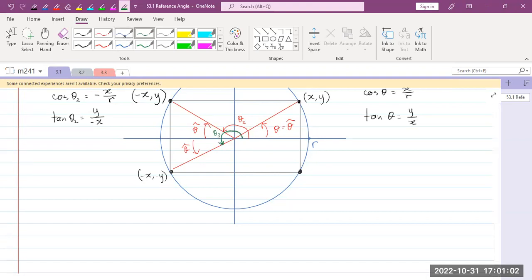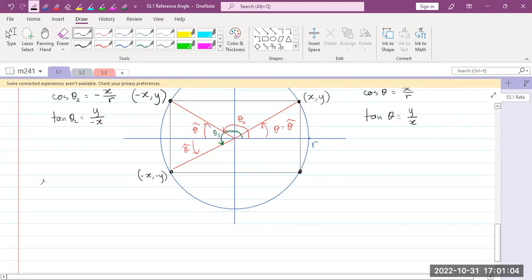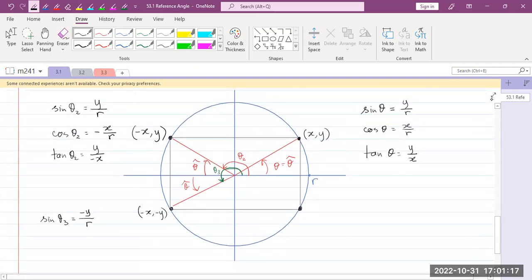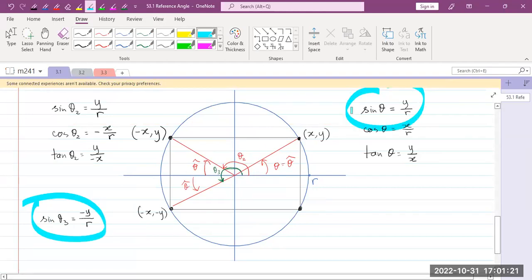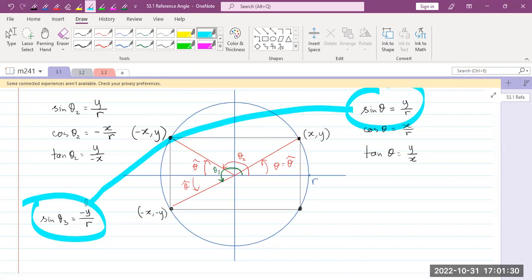Now then, sine of theta 3, according to our theory, is negative y over r, which is the opposite of sine of the reference angle. They have the same reference angle, one of them in quadrant 1, but theta 3 is in quadrant 3.